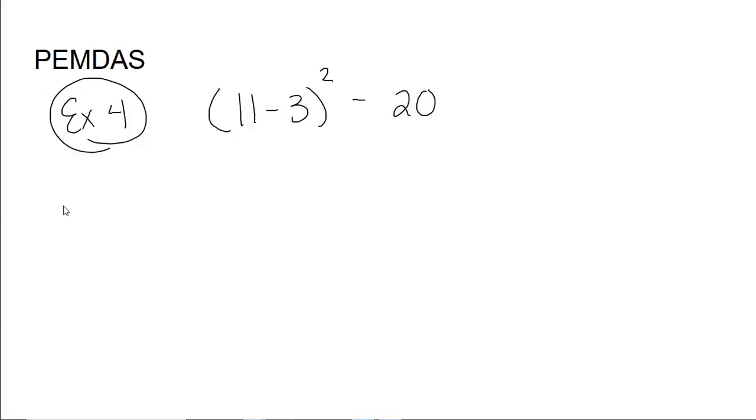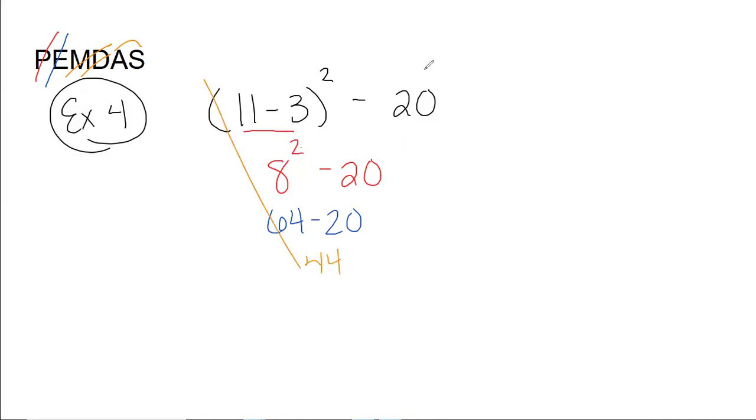So we do have a parenthesis. Do that first. 11 minus 3 is 8, and then you still have the squared. Drop everything else. We do have an exponent. So 8 squared, 8 times itself is 64. And then you just have the one thing left. There's no multiply or divide, so just skip that. Add, subtract. We have a subtract, and that would be 44.